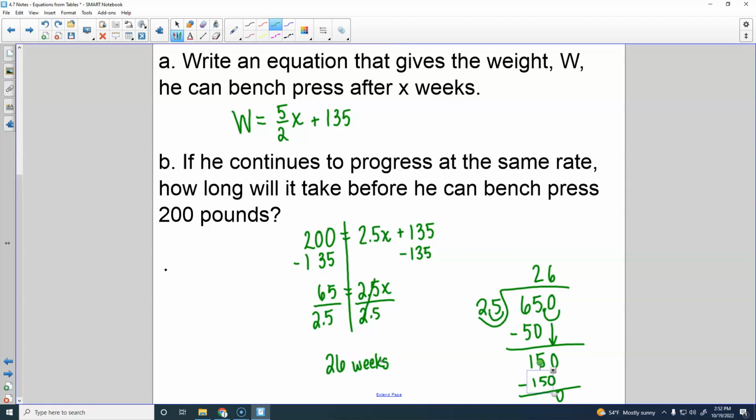which I feel like is probably unrealistic. 26 weeks to go from benching 135 to 200. That's a lot of extra weight. I think it would depend on a lot of factors.